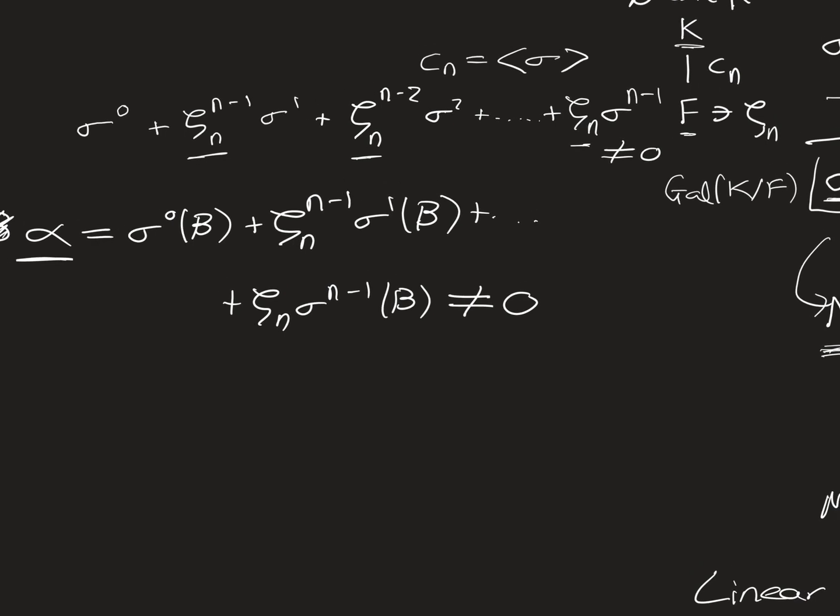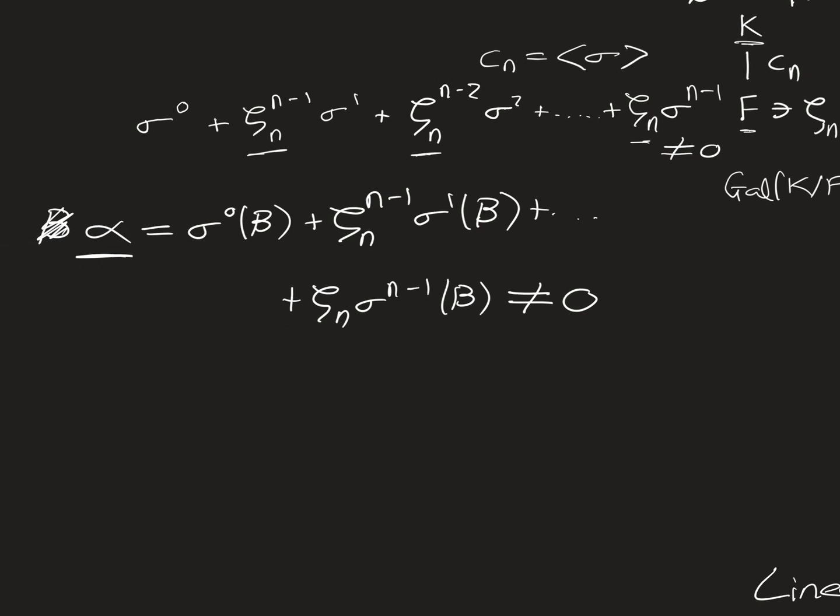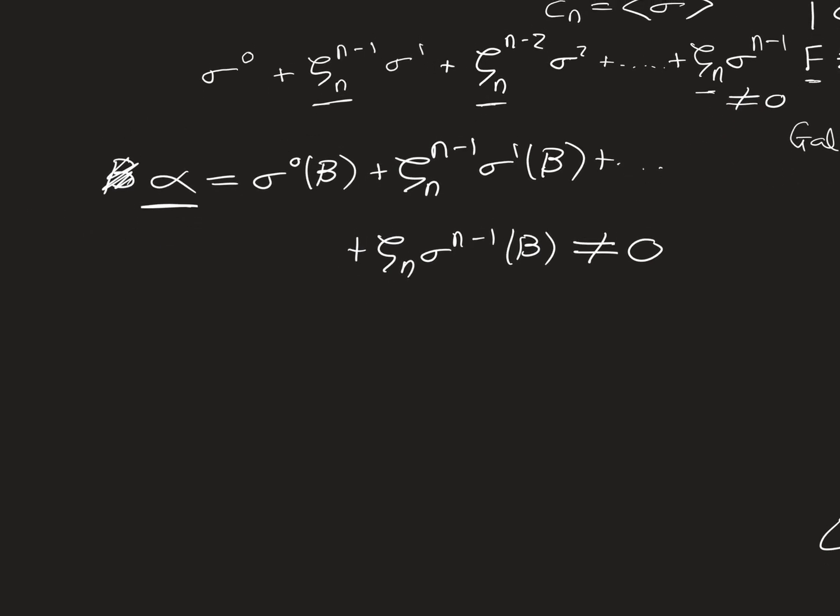Now, my next claim is going to be actually that this magic element alpha that I've constructed by a magic trick, that it actually generates the whole of K. So K is actually going to be F adjoin alpha.